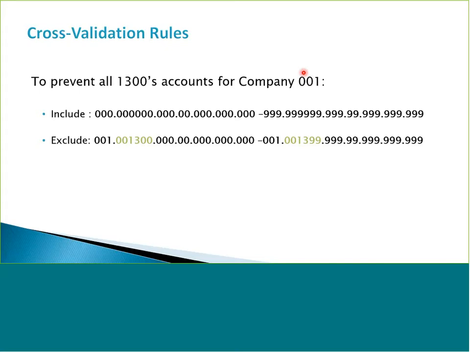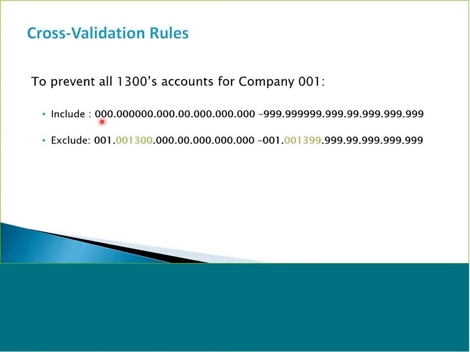So first, what we do is we enter this inclusion range. And what does this inclusion range look like? We include all the possible combinations that we can make in our chart of account structures. So every possible combination is defined within this range.